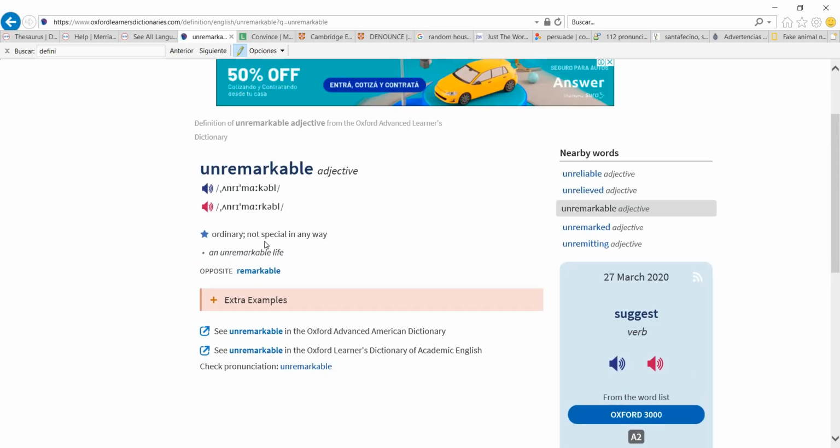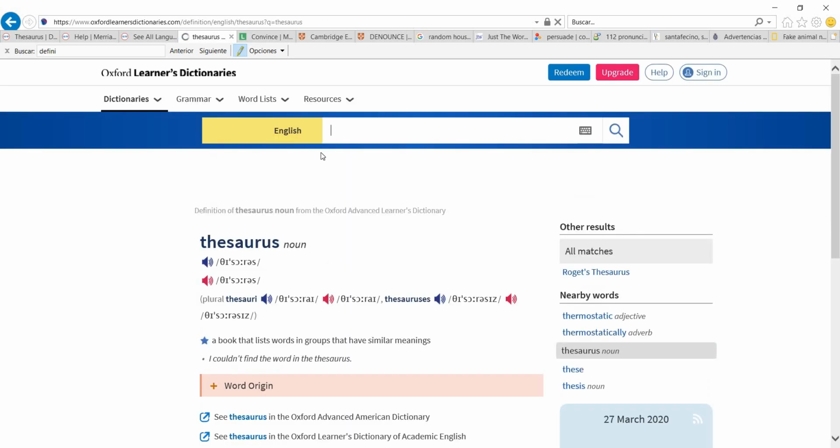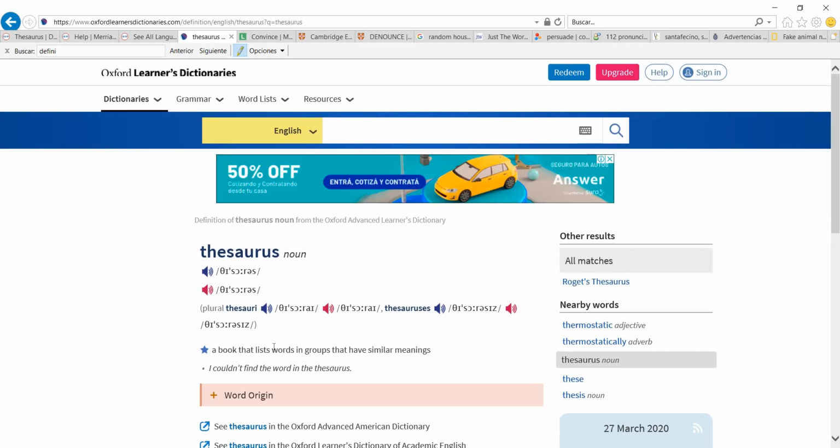Actually, this is a definition through a synonym. Unremarkable means ordinary. But if we go back to thesaurus, remember, that was a book that lists words, right? So the genus, the book, and the differentia that lists words. So something that tells me something specific about that book.